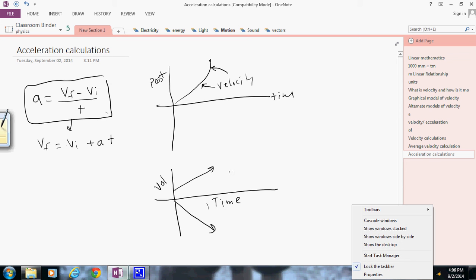In this case, we'd have a positive acceleration, and we have a negative acceleration. Again, in this case, the slope is equal to acceleration. Velocity is very often referred to as the derivative, which means it's the slope of a position-time graph, and the acceleration is referred to as the second derivative.